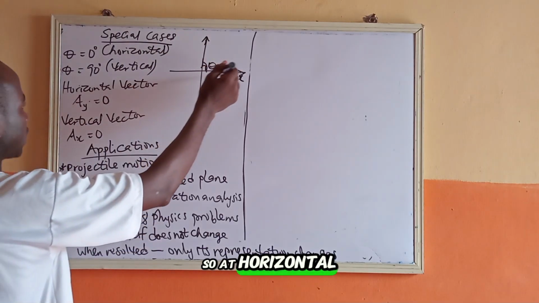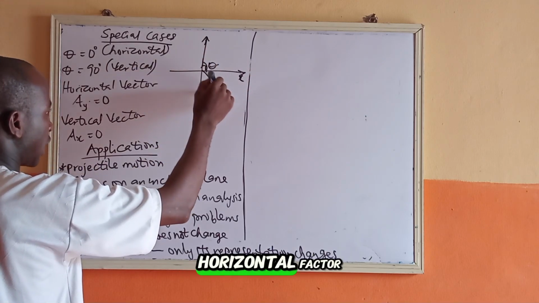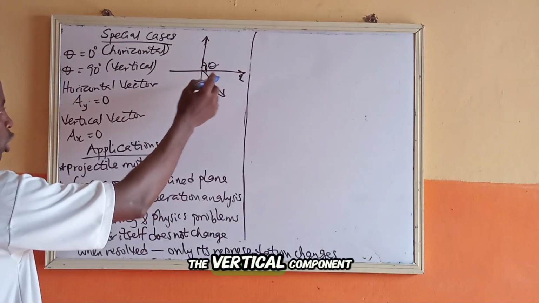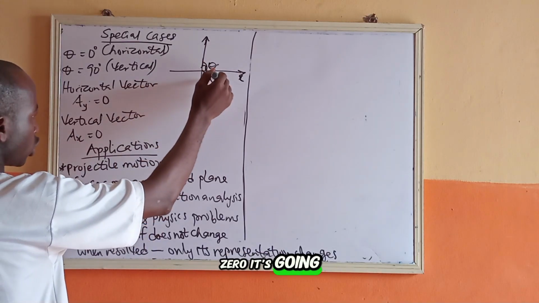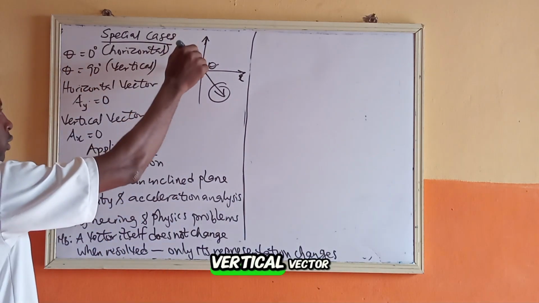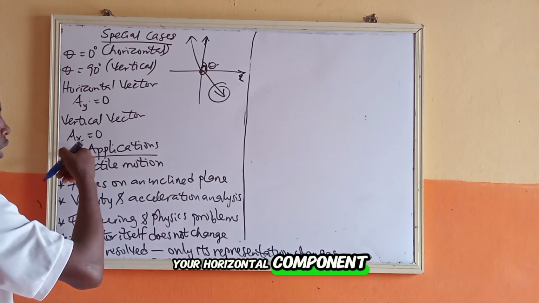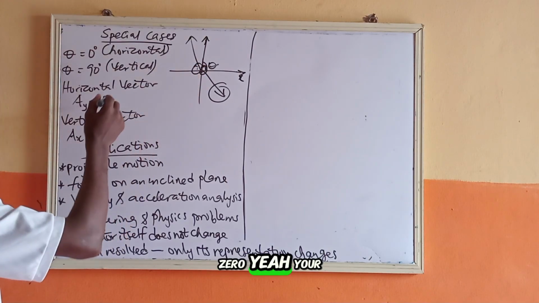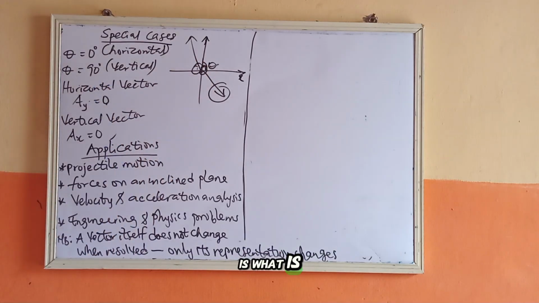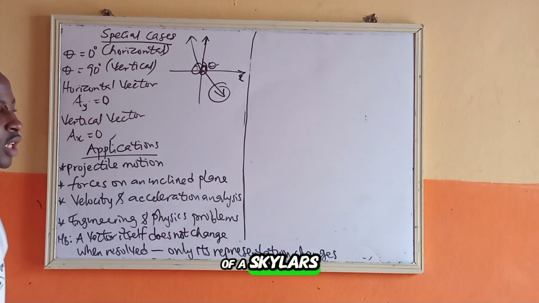So for a horizontal vector, your vertical component is 0. Also, for a vertical vector, your horizontal component is 0.